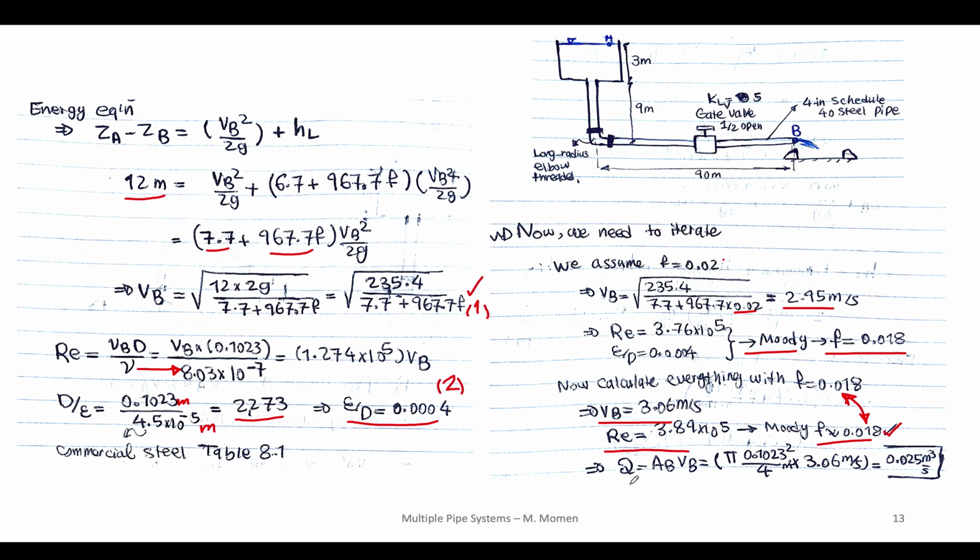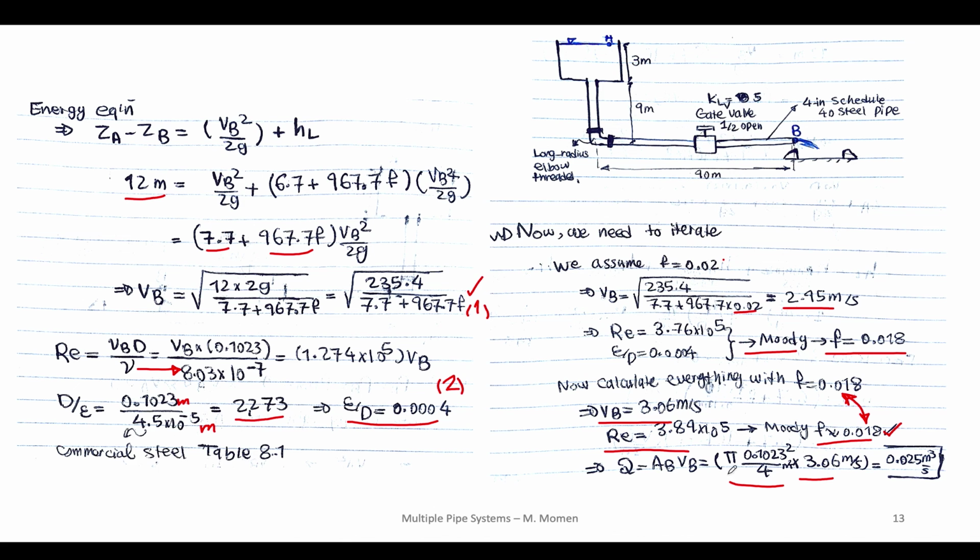Now I can solve for Q, the flow rate at B, which is what the problem asks for. It is AB times VB, and AB is the cross-sectional area, pi multiplied by d squared over 4, which is 0.1023 squared, pi D squared over 4, multiplied by the velocity, 3.06 meter per second.